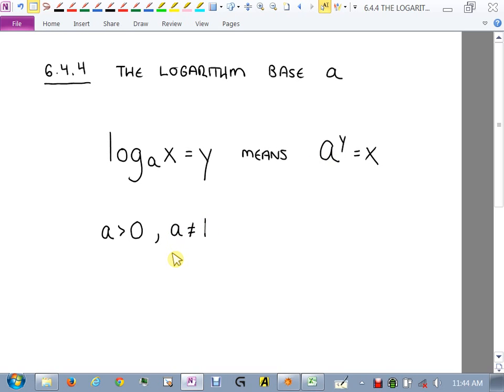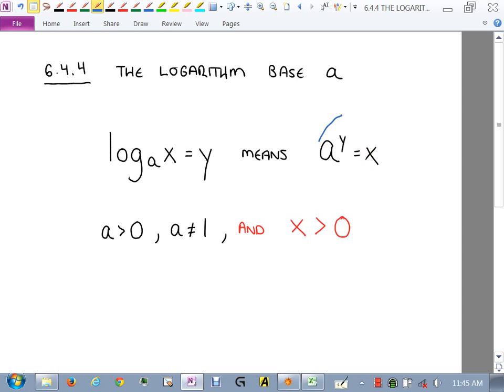But we have one additional restriction with logarithms that we did not have with exponential functions, and that's this. I'll do it in red because it's important. x must be greater than 0. Let's talk about why that has to be true. Why is it that when I have a logarithm, whatever I put right here has to be a positive number? Well, maybe this will help. Come over here. Isn't that x? Why does this have to be a positive number?